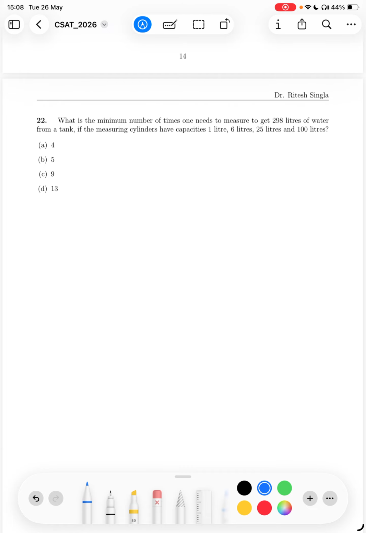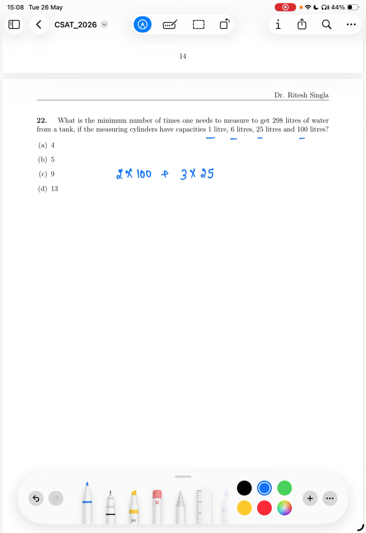Okay. So first of all, you just need to break this 298 into 1, 6, 25 and 100. So it will be 2 into 100, 200 is gone, plus 3 into 25, because we want to take the minimum number of times.